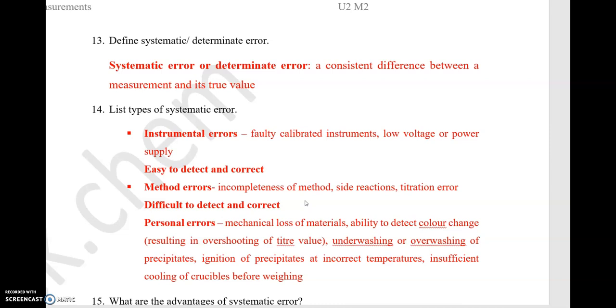It may include igniting the precipitate above a temperature, which may result in decomposition of the precipitate, right, above its melting point. It may be insufficient cooling of a crucible before weighing. So these personal errors are also considered to be systematic error because they can result in a consistent difference between a measurement and its true value. Now keep in mind here, systematic error is a consistent difference and random error is an inconsistent difference.